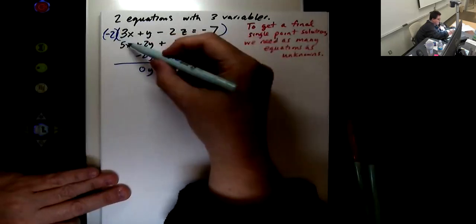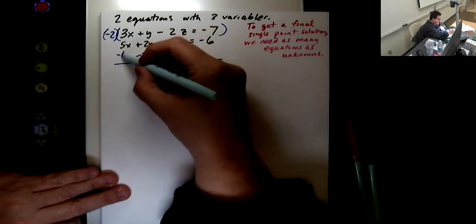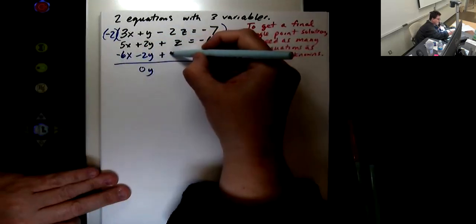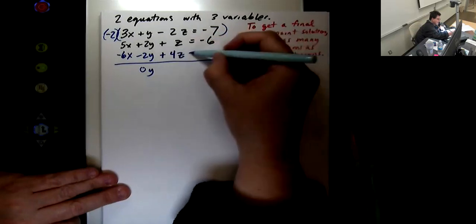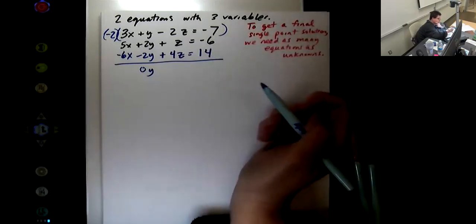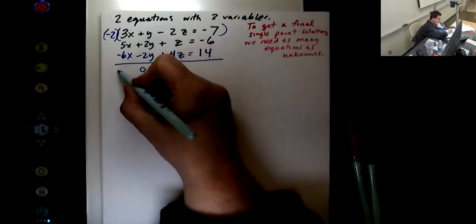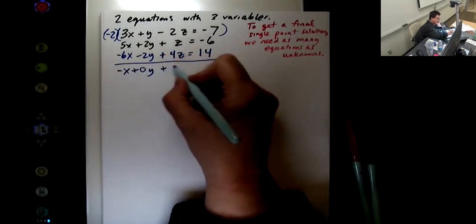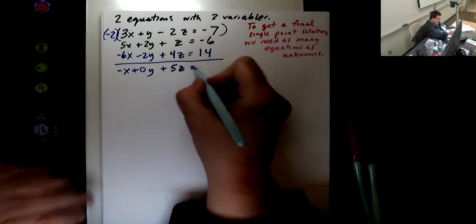So -2 times 3x would be -6x. -2 times -z would be 2z. And -2 times -7 would be +14. And when I add these up, I have -x plus 0y plus 5z equals -8.